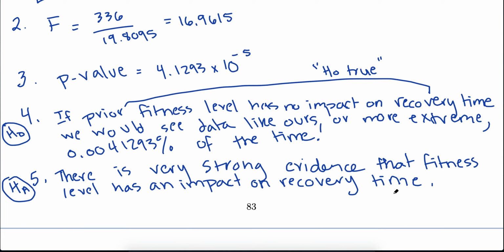And that's our HA in context. All right, we're going to do one more example in the last video, and this example will be important. You need to be able to work these problems without your calculator as well. So that will be shown in our next example.